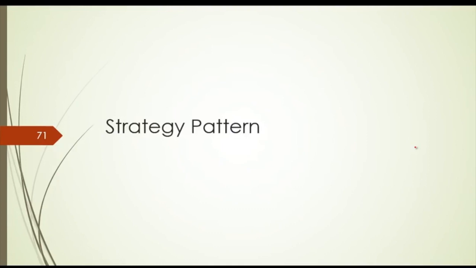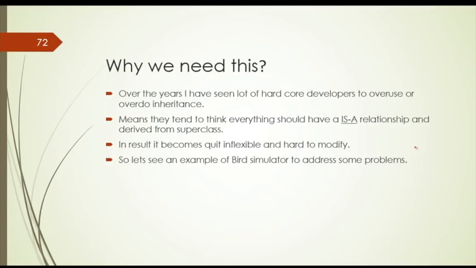Now we're going to talk about the strategy pattern, and it is going to be a very good example for what you have learned throughout this session. And why we need this: over the years I have seen a lot of hardcore developers overuse or overdo inheritance.